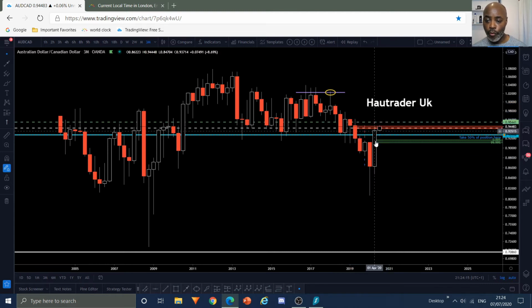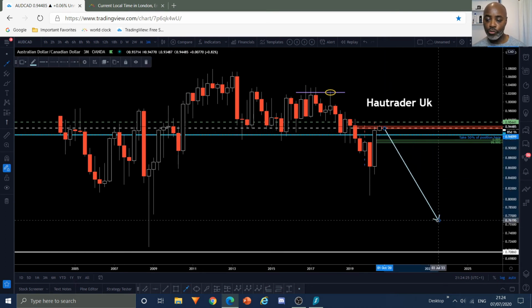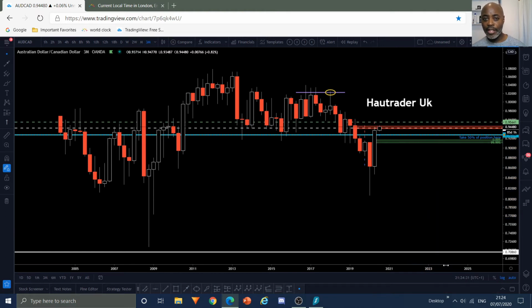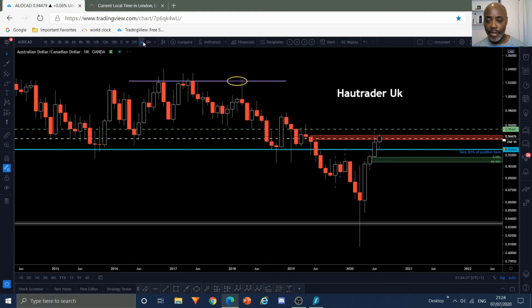Prices had already retraced up, and we were looking to see if we could still get onto this downtrend and ride this trend further down. Fundamentally, we still believe that this pair could go down even further. Okay, so let me go down the time frames now, and let me start to explain what we saw.